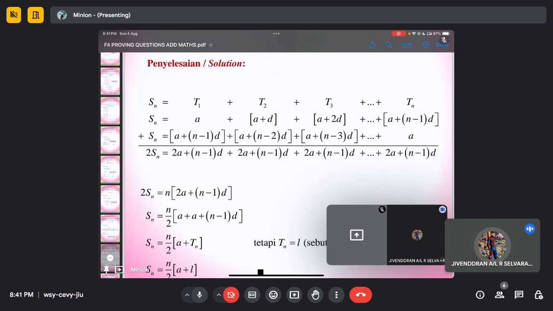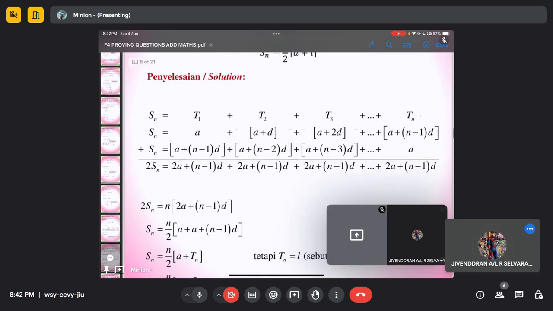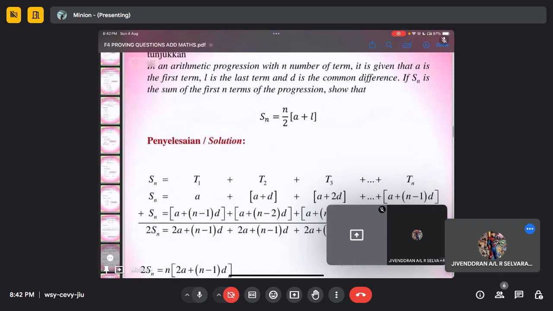In an arithmetic progression with n number of terms, it is given that a is the first term, L is the last term, and d is the common difference.